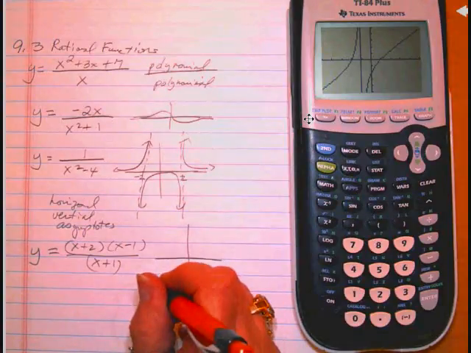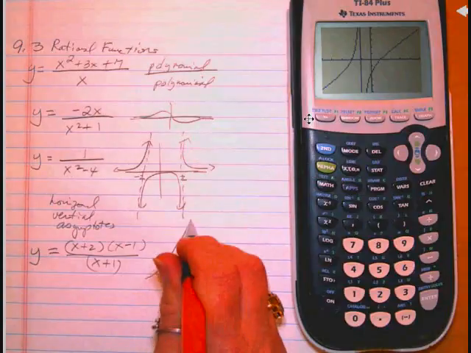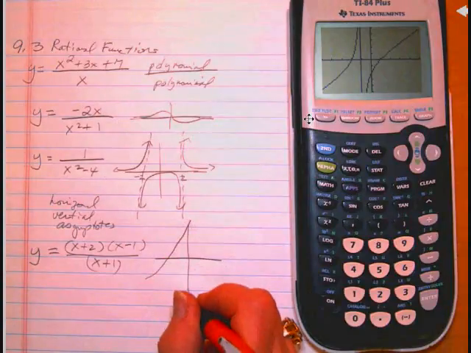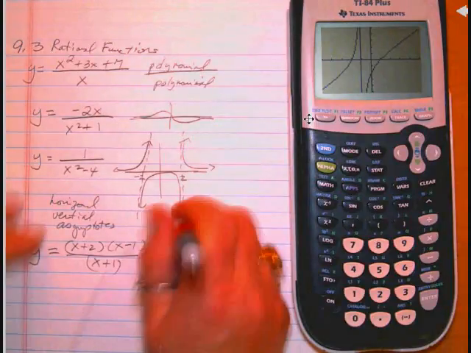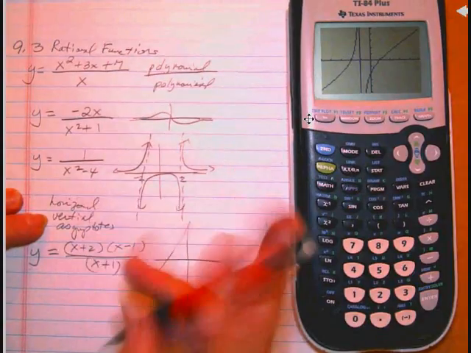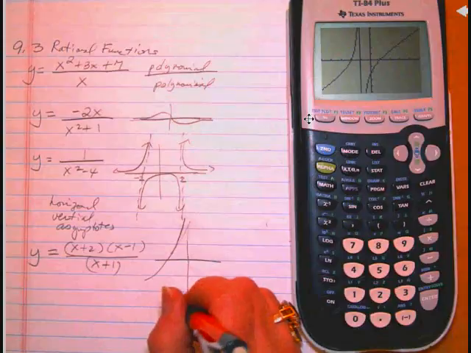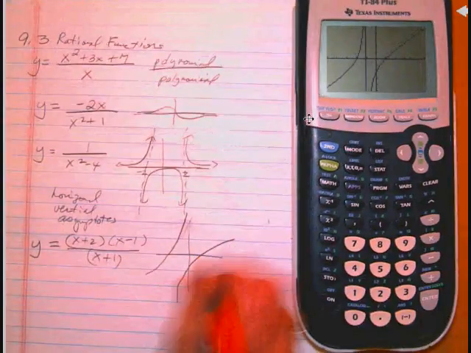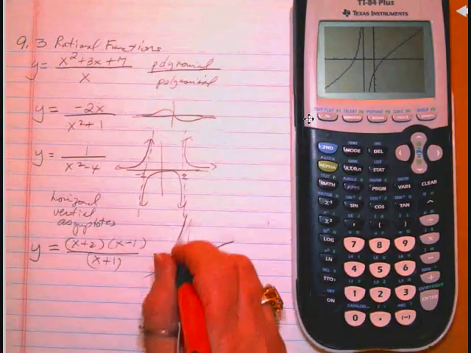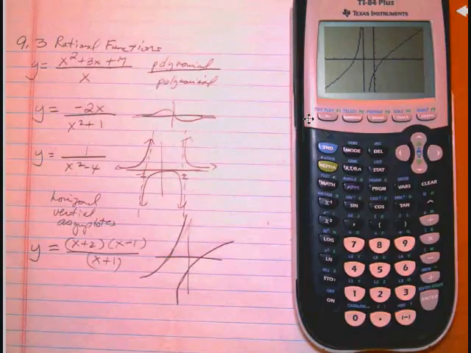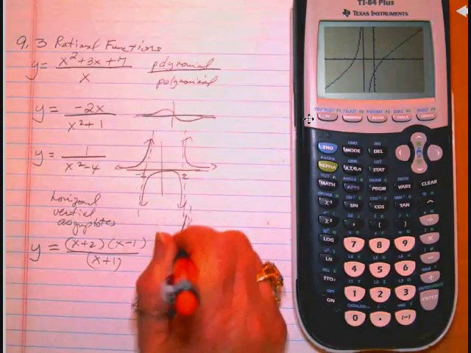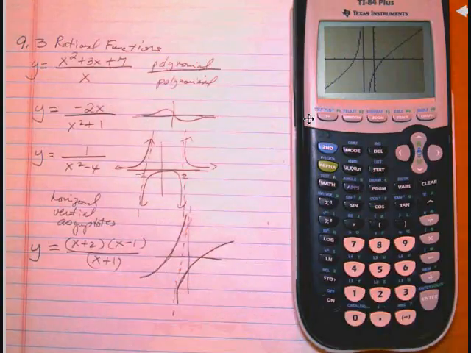It actually is going up like this, and, whoops, get that asymptote, and up like this. And again, your calculator often makes mistakes on these whenever you have vertical asymptotes. This one has a vertical asymptote right here and no horizontal asymptotes.